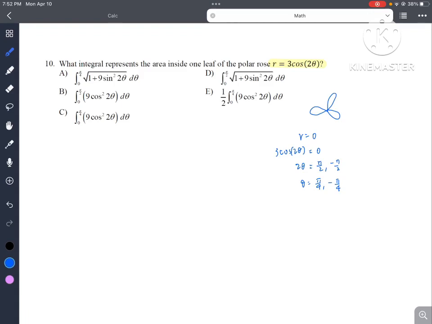So in case it's one leaf, the area is just the integral from alpha to beta of 1 over 2 r squared d theta, which is from negative pi over 4 to pi over 4 of 1 over 2, 9 cosine squared 2 theta d theta. And because these types of curves are symmetric, it's also equal to the integral from 0 to pi over 4 of 9 cosine squared 2 theta d theta. And we find out this is equal to c.